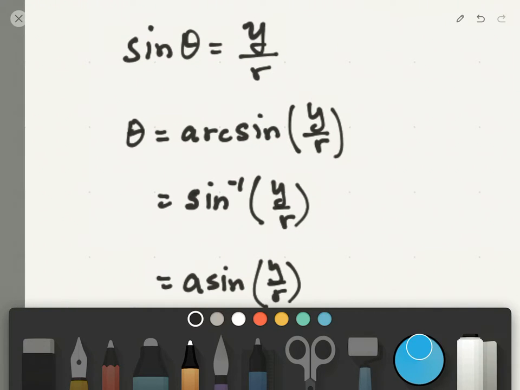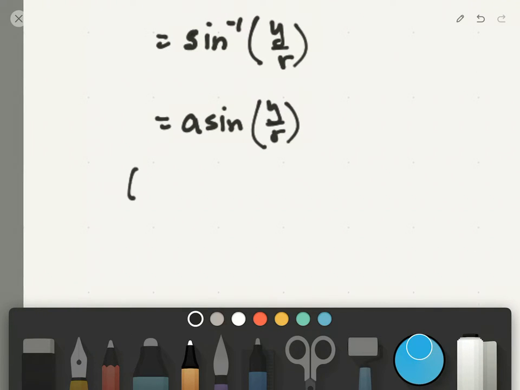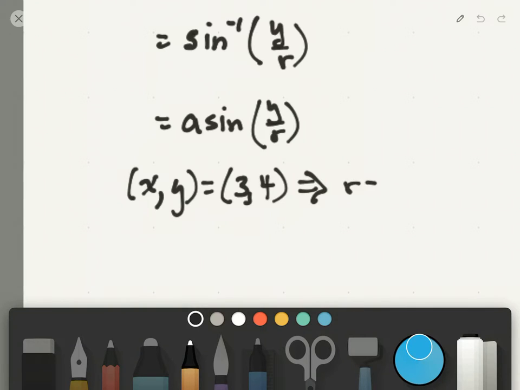And so again, if we use x and y equal to 3 and 4, we know that r is 5.